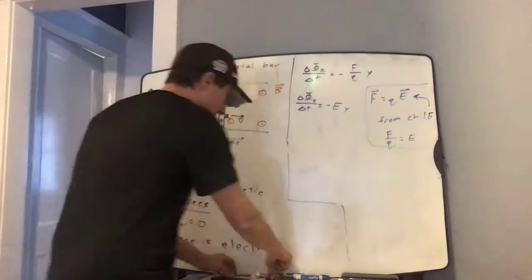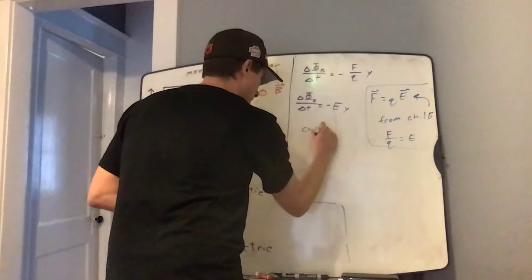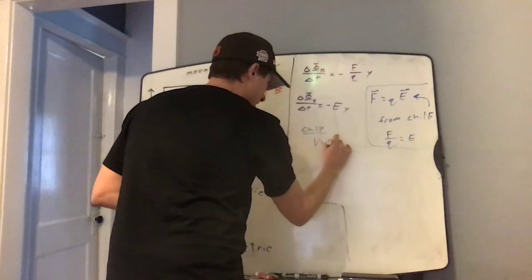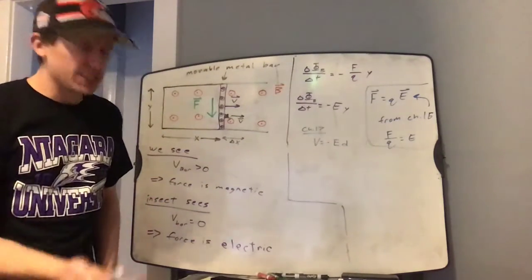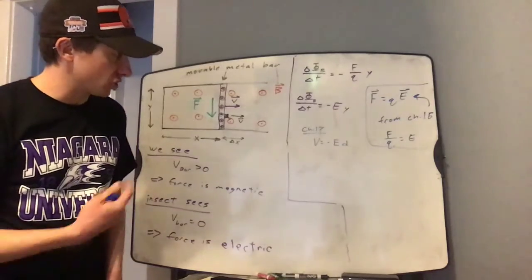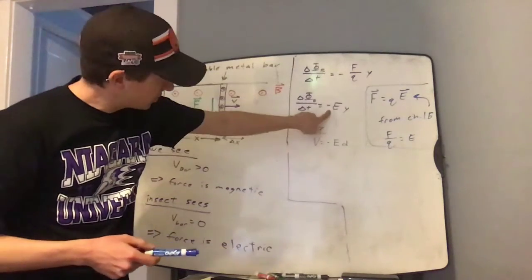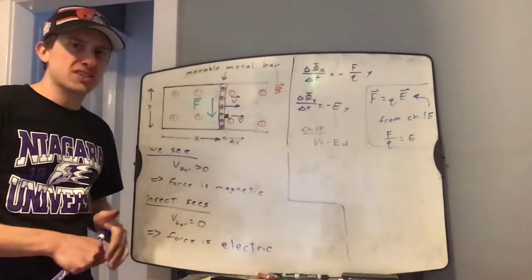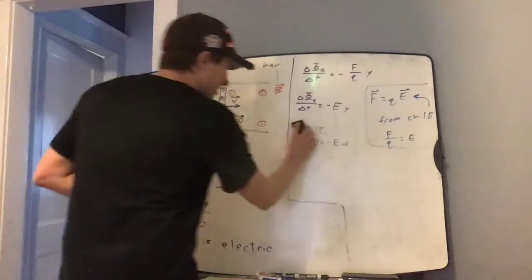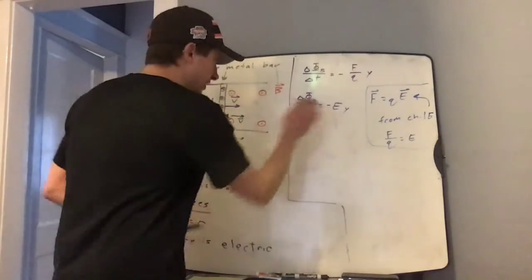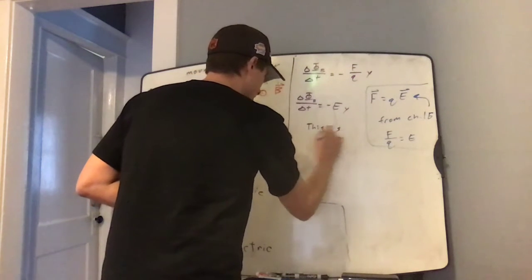In chapter 17, you saw V equals negative ED, where we have a voltage and the potential difference between two locations is the strength of the electric field times the distance between those locations. Well, this looks very similar to what we have up here. We have something that looks kind of like a voltage on the right-hand side. And it turns out that this term here actually is a voltage.